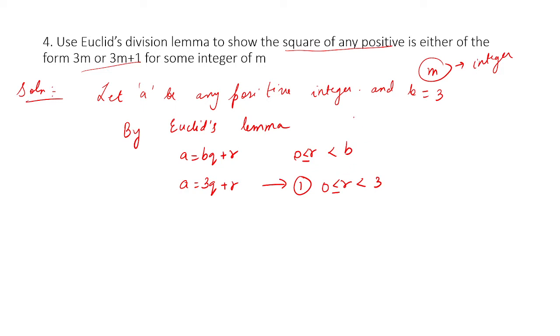Now we're asked to show that the square of any positive integer. So if a is a positive integer, the square of this positive integer is a squared. We're asked to show that a square is either of the form 3m or 3m plus 1. This much we know.